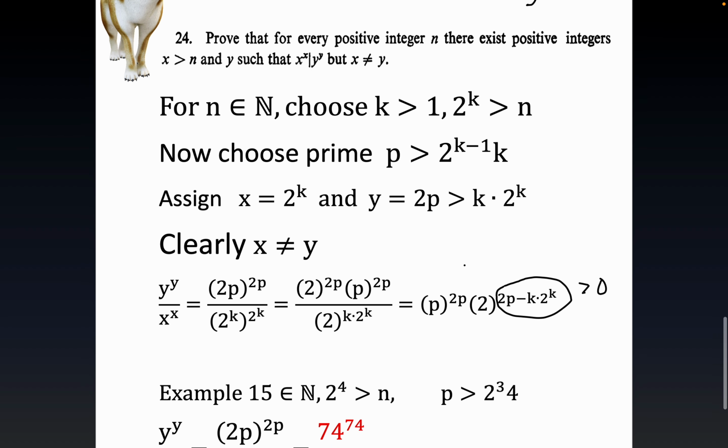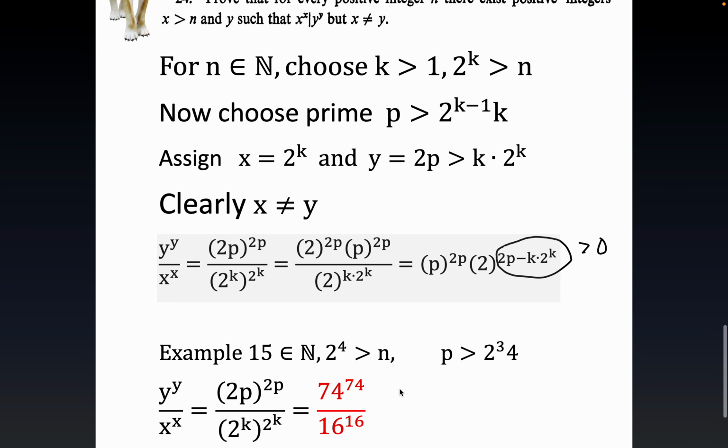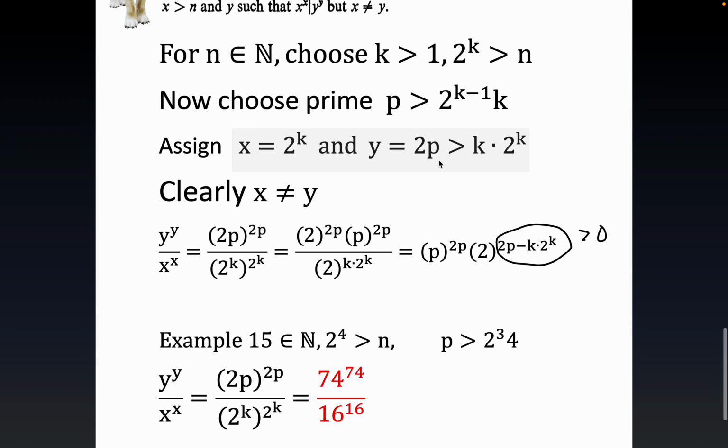Now, here's just a concrete example that's different. I just arbitrarily picked 15 as my natural number n. So n is 15. And so 2 to the 4th is greater than n, 2 to the 4th being 16. And then I'm just following what this says right up here. We had to choose a p that would be greater than 2 cubed times 4.